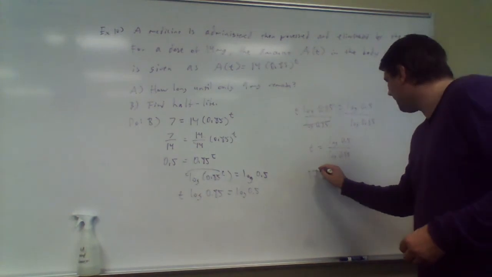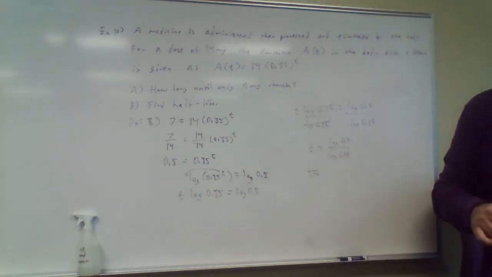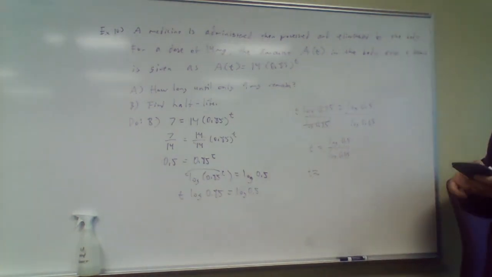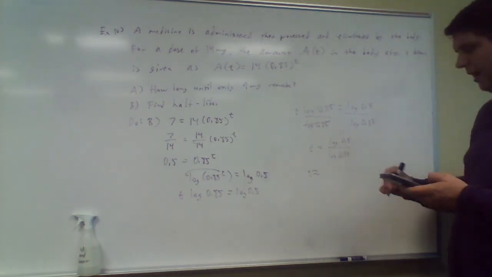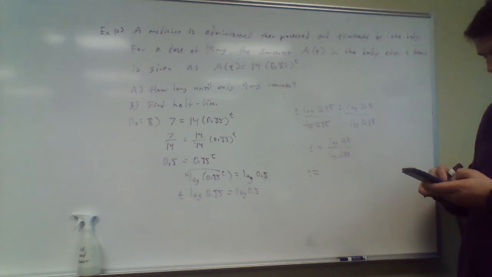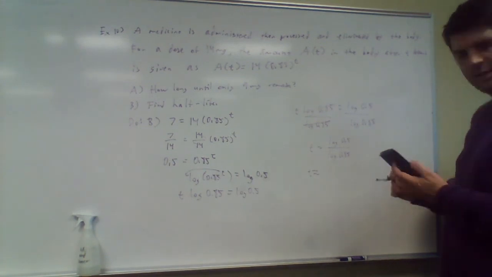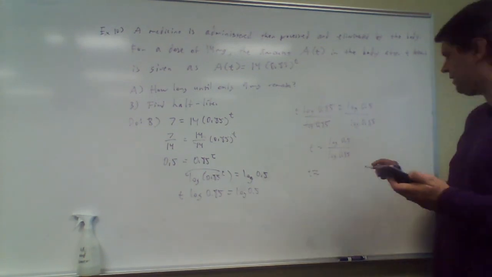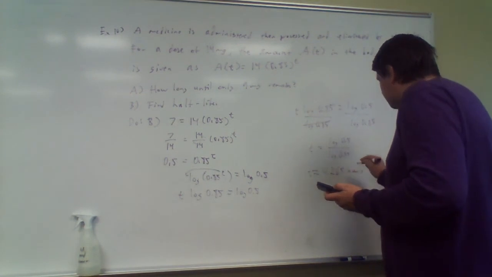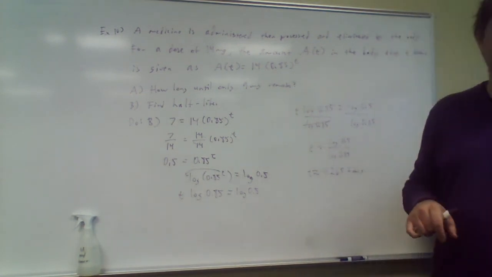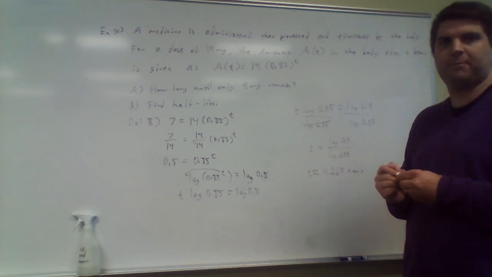As an approximation, I take log of 0.5, sorry. Hit enter or equal, then divide by a log of 0.85. T is approximately 4.265 hours. And that is all 10 of our examples in 2 parts.